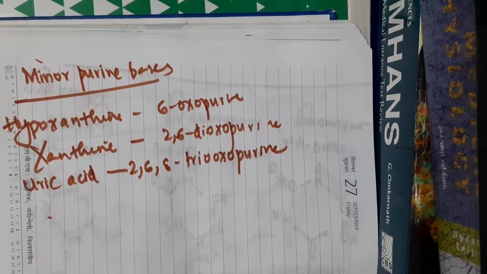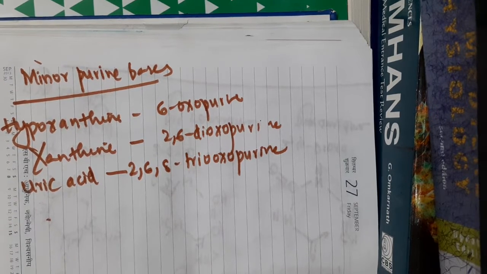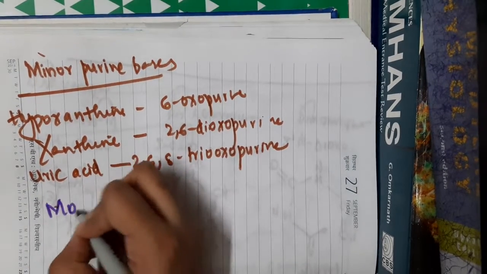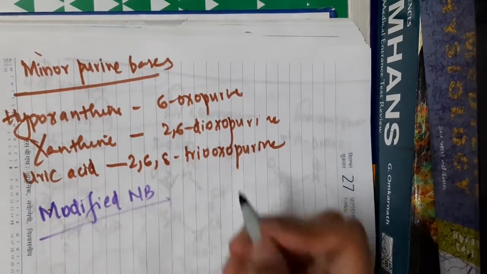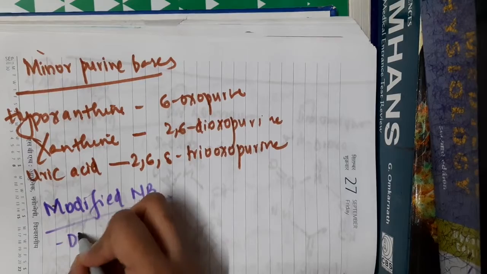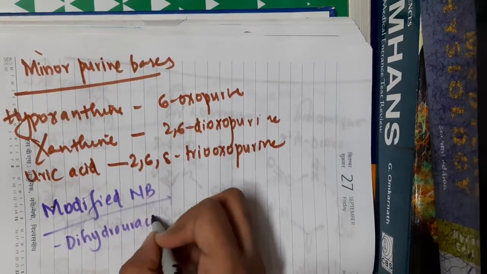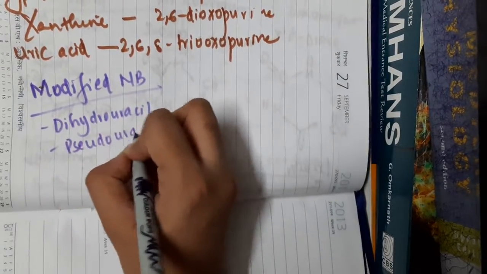Then we have learned about the normal nitrogenous bases. Very good. But along with these nitrogenous bases, we also have modified nitrogenous bases. These include dihydrouracil. Then we have pseudouracil.